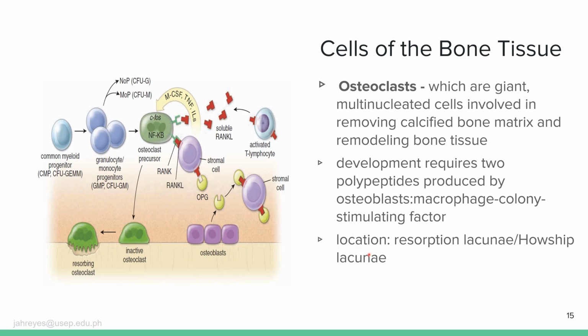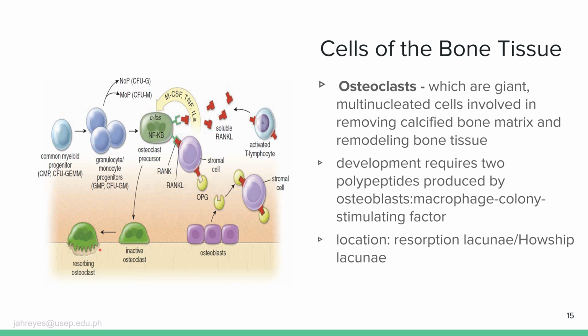The location of the osteoclast in the bone tissue is referred to as the resorption lacuna or resorption bay, also termed Howship's lacuna, because of the appearance of the cell, which represents the osteoclast activity.